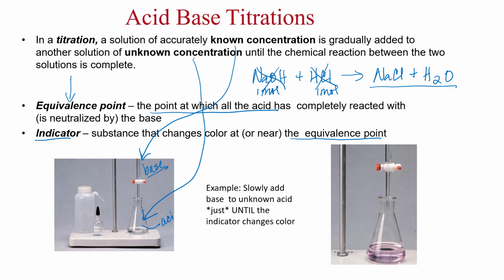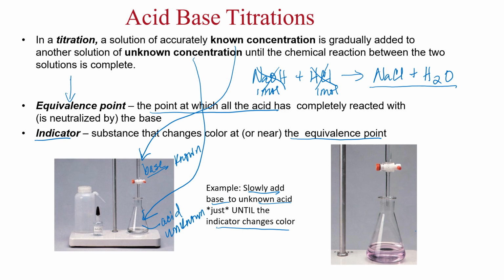And down here we have an acid of unknown concentration. So known and unknown. Okay, we slowly add the base to this unknown acid until the indicator just changes color.